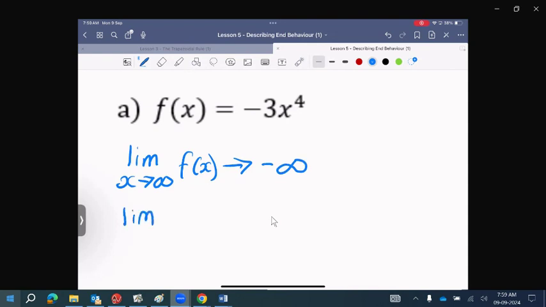Next up, we do the left-hand limit, which is the limit as x goes towards negative infinity of f of x. Now, what is the degree of this? It's 4, which means it's even. This means it's going to go in the same direction.